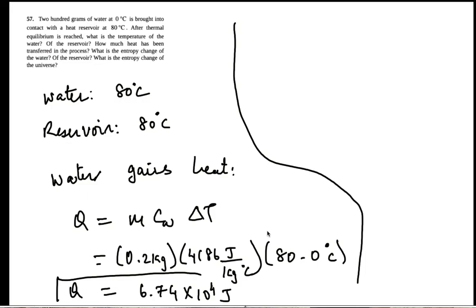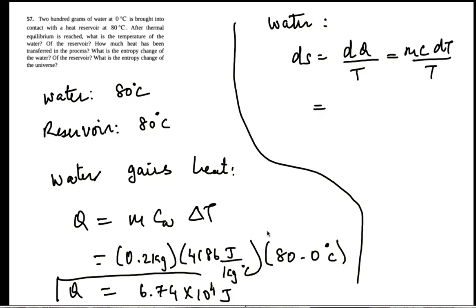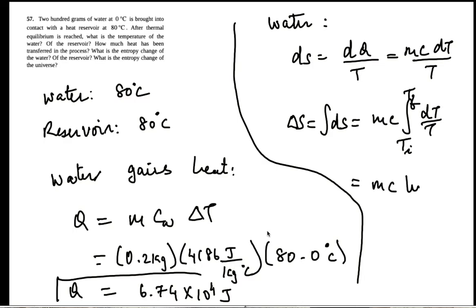So for water, the small change in entropy when it absorbs this much amount of heat is dS = mc dT by T, and delta S is the integral of mc dT by T, from T initial to T final, which is mc log T final over T initial.